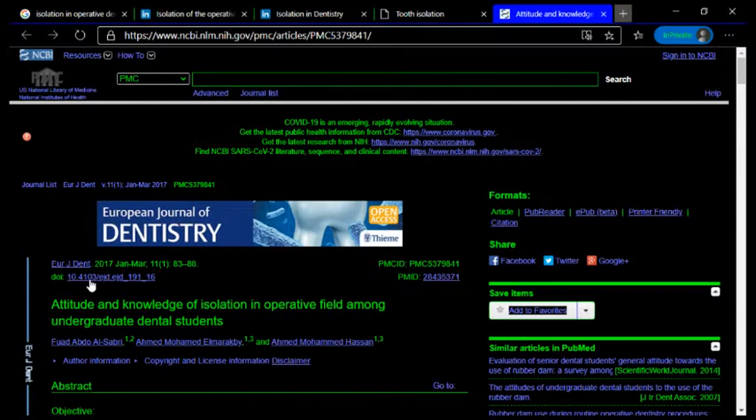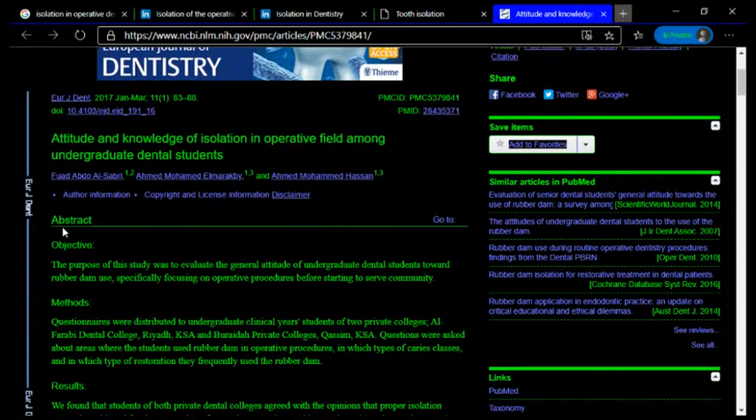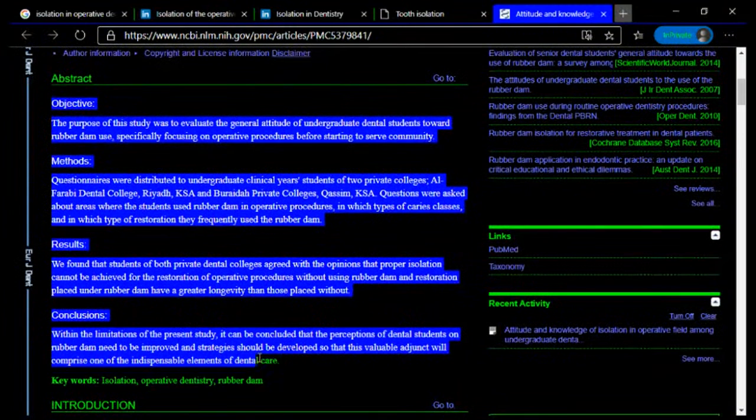Here we have the abstract. We can read this, but it is better for the website to read it for us.